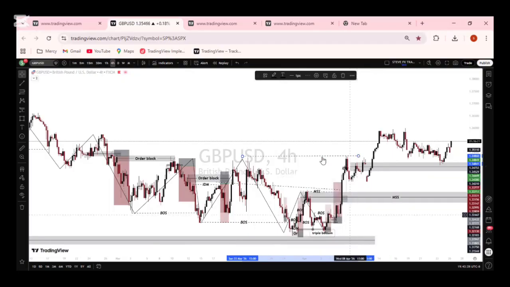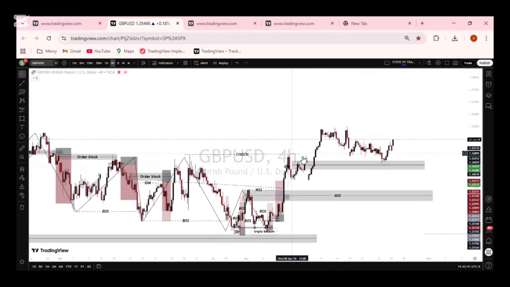And we had change of character from here. So we had market reacting from this point.